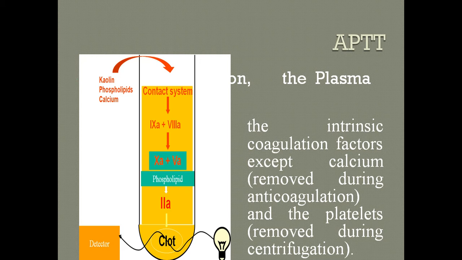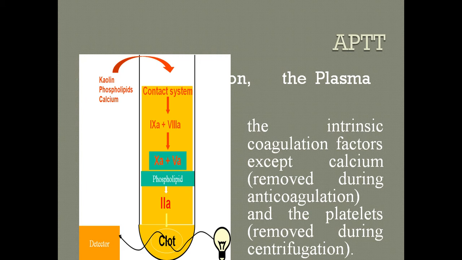Now you have two tubes, one having the phospholipid and calcium mixture, and another tube having the calcium. Now in a third tube, which is having the plasma, you will add the phospholipid and calcium mixture to the plasma.